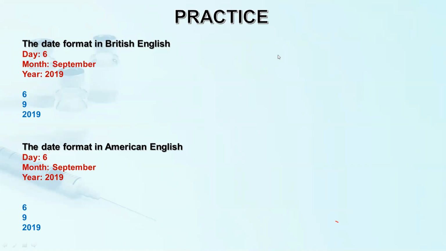Dr. Bashir, your answer is 6th September 2019, and the incorrect part here is writing September in small letters. The names of months should always be capitalized, so the S should be capital, not small.